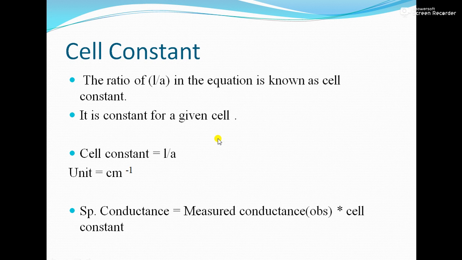So next is cell constant. The ratio of length upon area in the equation is known as cell constant. It is constant for a given cell, that is L by A. Its unit is centimeter inverse. So the formula becomes specific conductance is equal to measured conductance into cell constant.